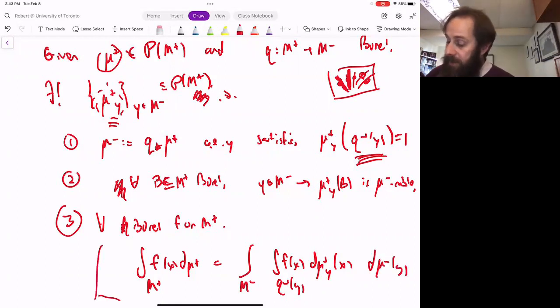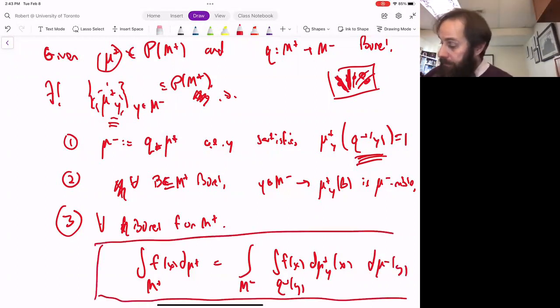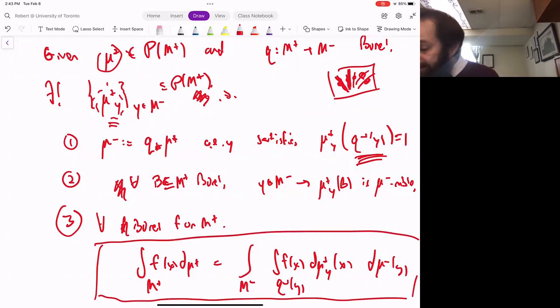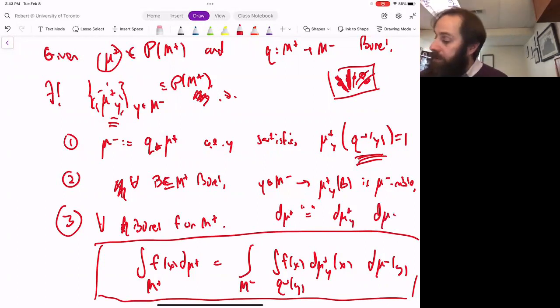So this formula here is telling me, yes, I've decomposed mu plus as an average of all these conditional measures averaged with respect to mu minus.